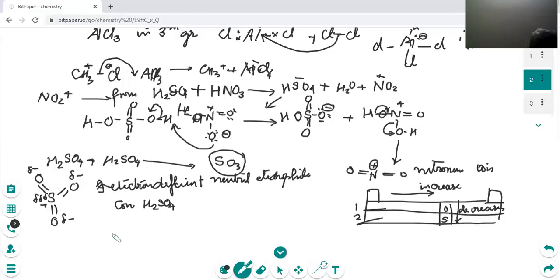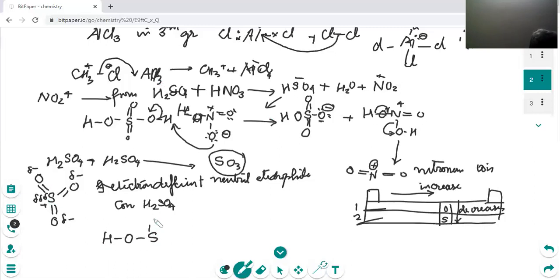Similarly, let us see how sulfur trioxide is formed during a sulfonation. Remember, sulfur trioxide can also be manufactured. But here, you can use sulfuric acid to generate sulfur trioxide as the electrophile in the reaction mixture itself.